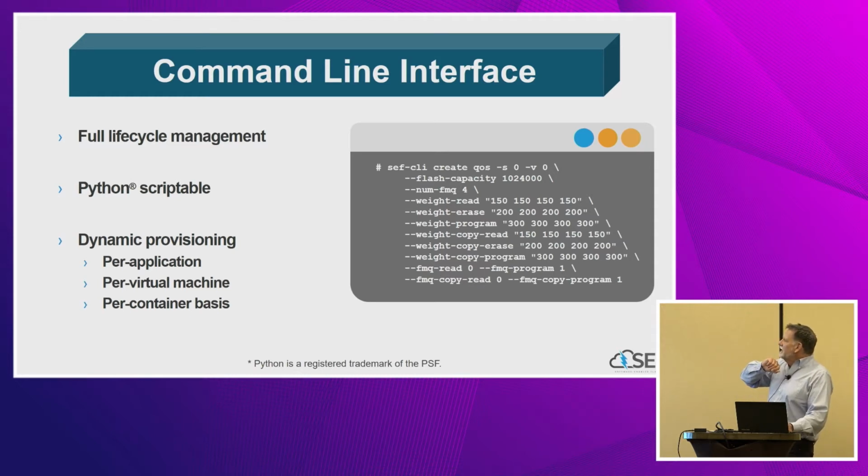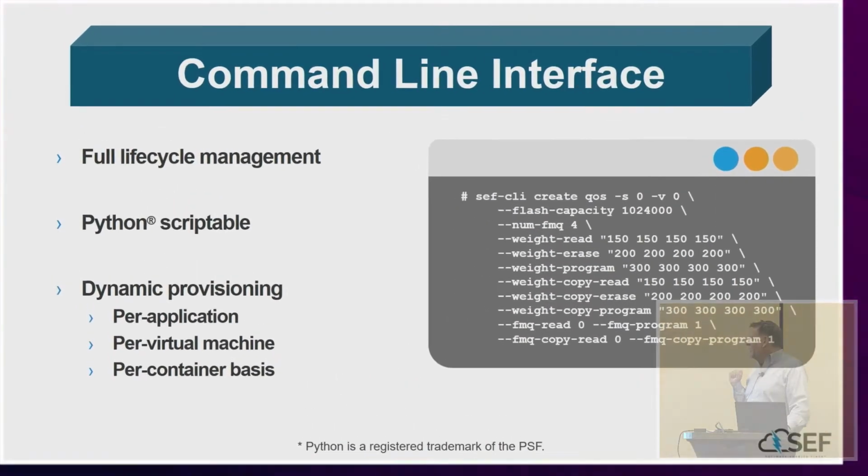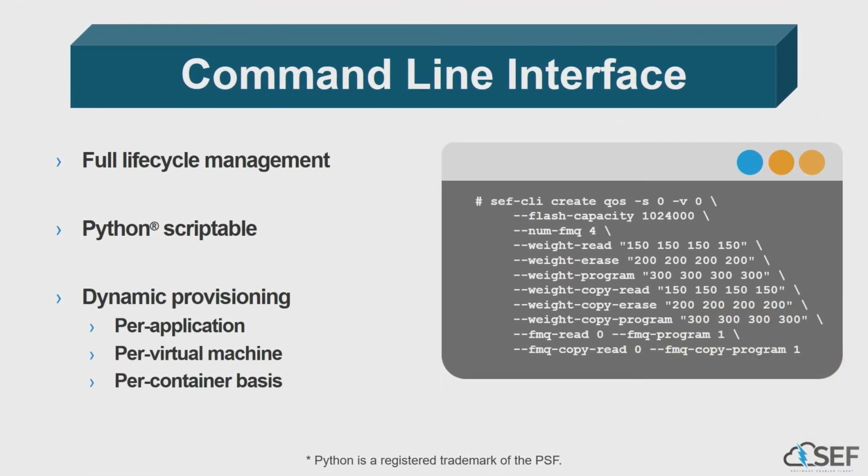But where it starts getting interesting is that third line there, the number of Flash media queues, okay? So we're giving an application the ability to specify how many scheduling queues it's going to interact with on this quality of service device. And then weights for read operations, weight for erase, weight for program, weight for copy read. Notice there's 4 values.